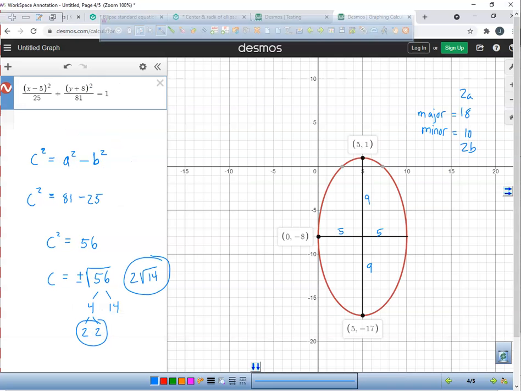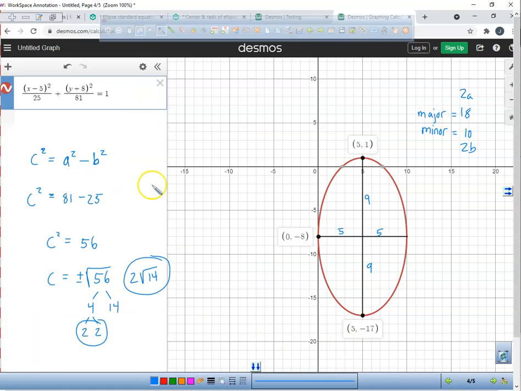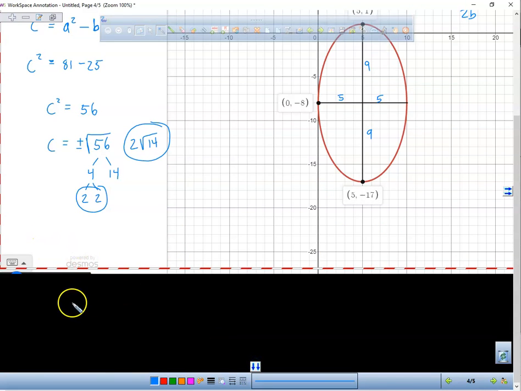Now let me explain to you why you need this c value. So let me go back over here. Does everybody see how the foci right here, it says h comma k plus or minus your c value? So if everybody would please, let's write down what h and k are. All right. So our foci for this one is going to be h comma k plus or minus my c value.